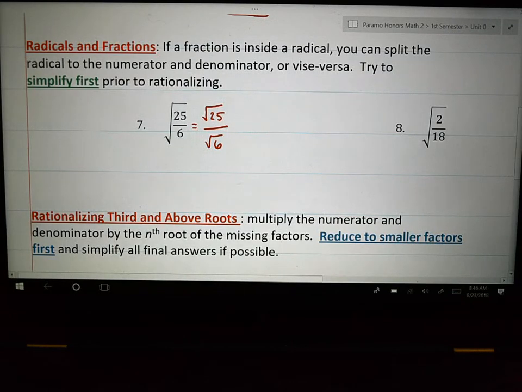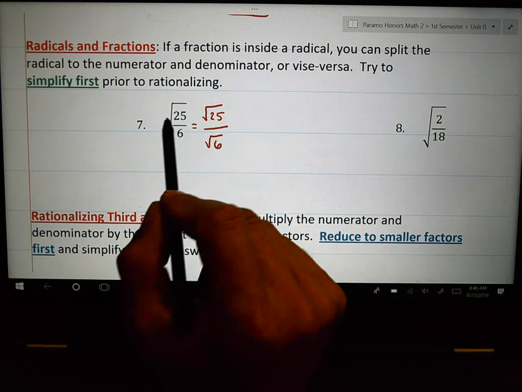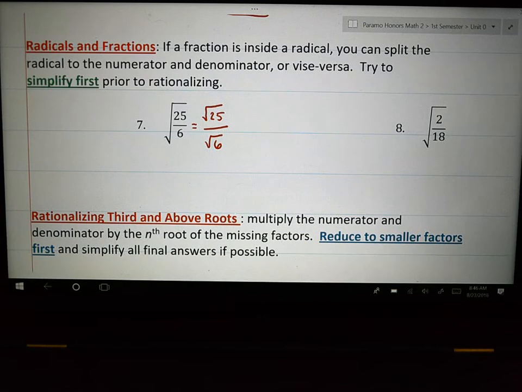That's what I mean by you can split the radical. You're taking the square root of 25, the numerator, and the square root of 6, the denominator. You can go from this to that or that to this. It doesn't matter.